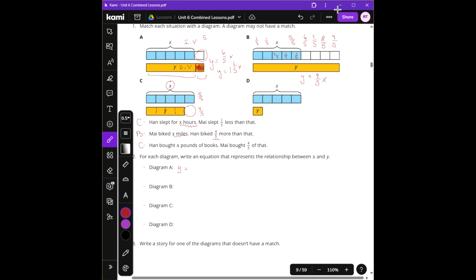If I change this, it'll be 1 and 4/5, and that's what I have. I have 1/5, 2/5, 3/5, 4/5. So either one of those will work. Let me put it down here.